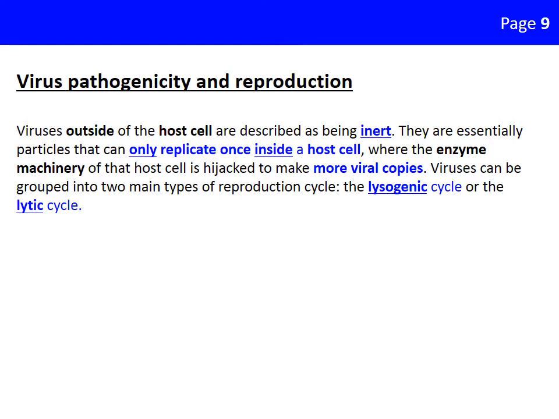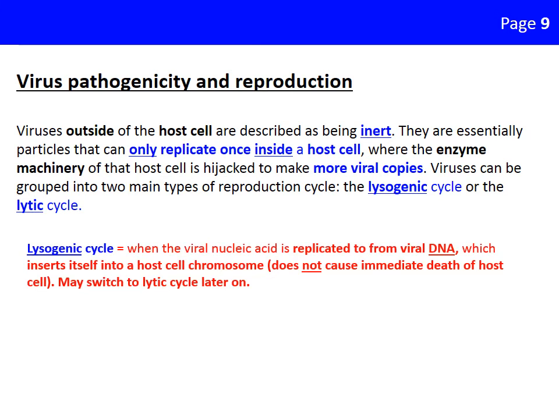Now, viruses can have one of two types of life cycle, and the first one is called the lysogenic cycle. So HIV, for example, is a retrovirus. When it infects a host cell, which is actually a T helper cell as part of the host immune system, inside the T helper cell, the HIV virus actually makes double-stranded HIV DNA, and this double-stranded viral DNA can insert into a chromosome inside the nucleus of that host cell.